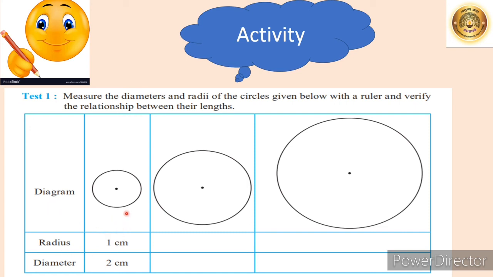Radius 1 centimeter. I have shown you students how to measure the radius. So by using a ruler, you find out the second circle and third circle radius as well as diameter and write the answers in the box.